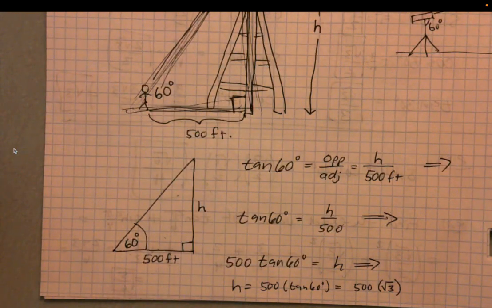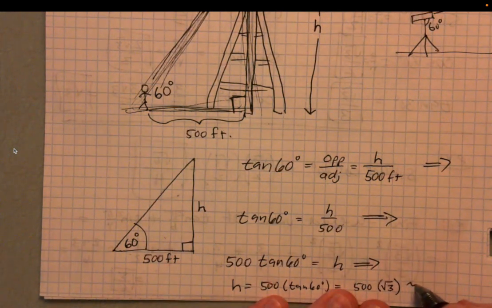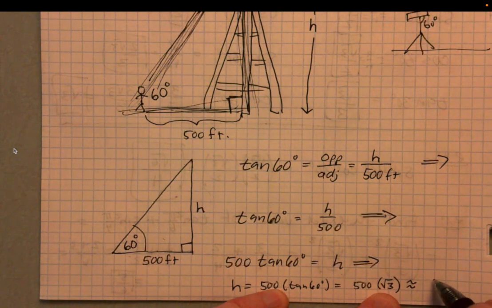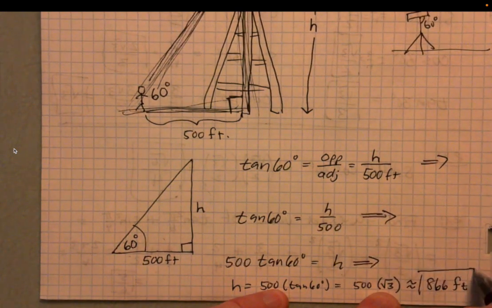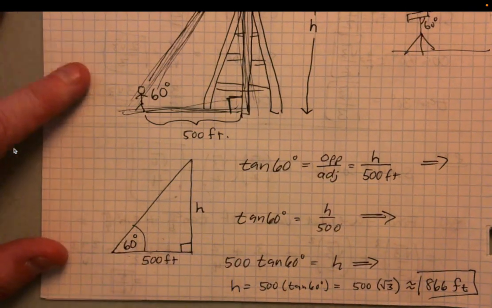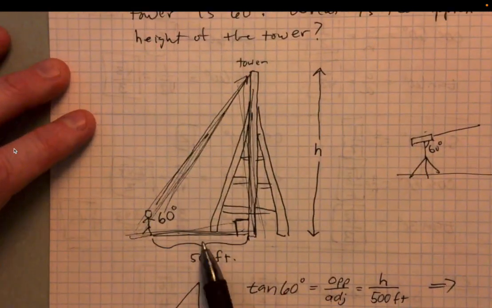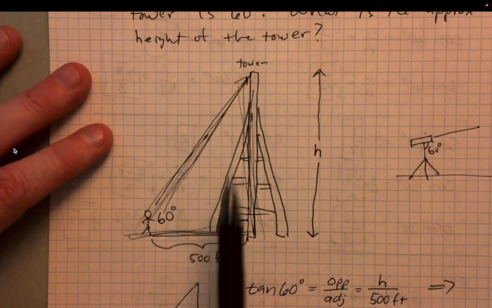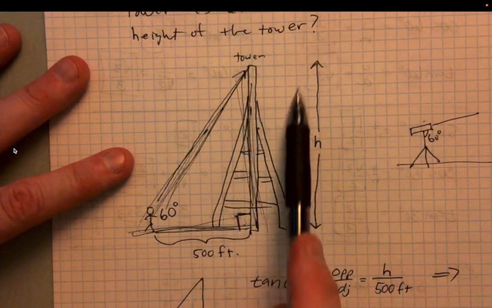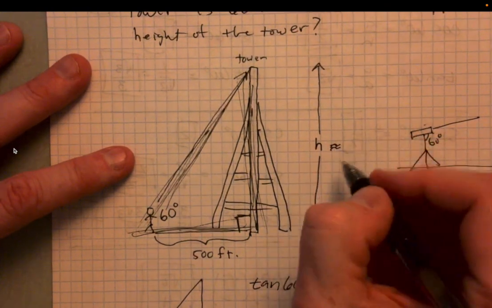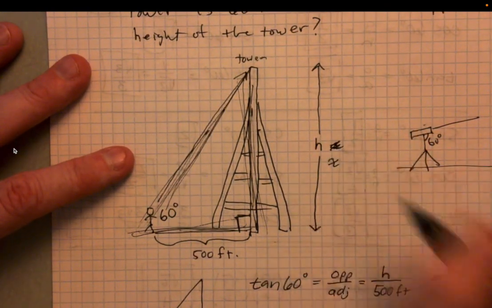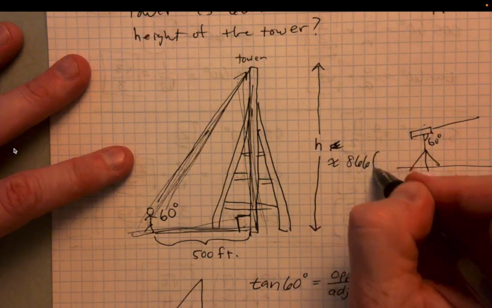If I pull out a calculator and multiply 500 times the square root of 3, I get approximately 866 feet. So if I'm standing 500 feet away and I crane my neck 60 degrees to see the top of this tower, then the height of the tower is approximately 866 feet.